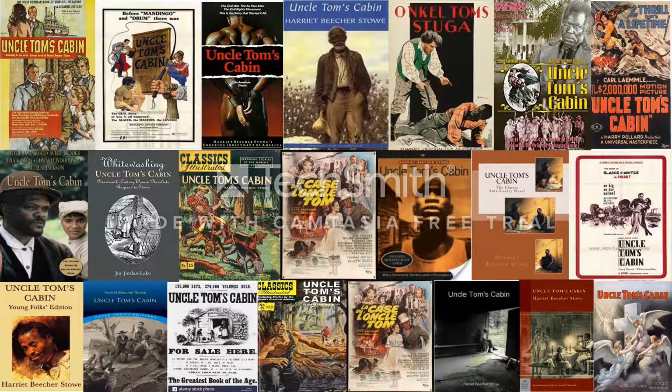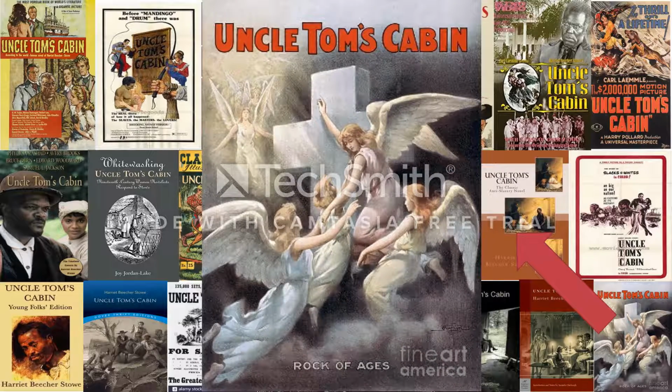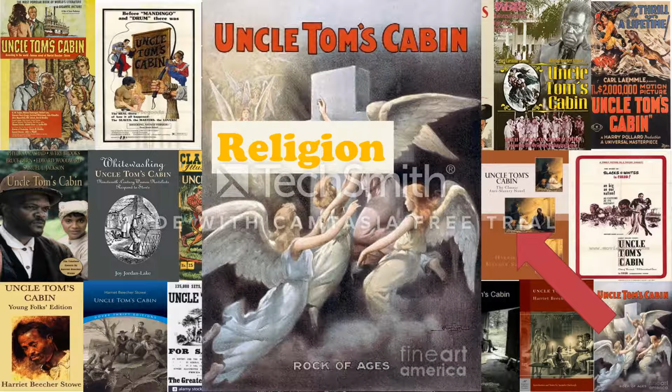Here, I collected about 22 kinds of covers of this book, and according to the data on the internet, I find that this cover has the best feedback. In my opinion, the design of the cover might be one of the main reasons. You see there are some angels on the cover, and angels are a symbol of religion.